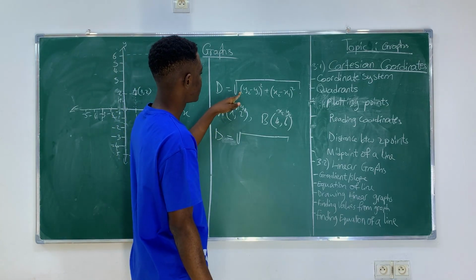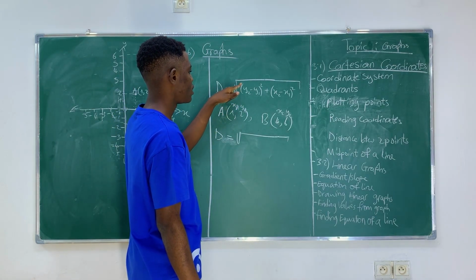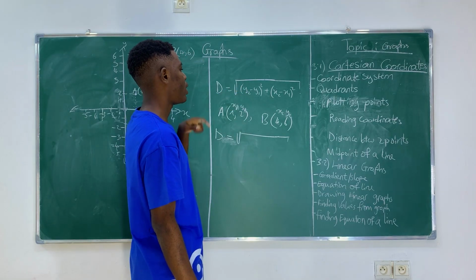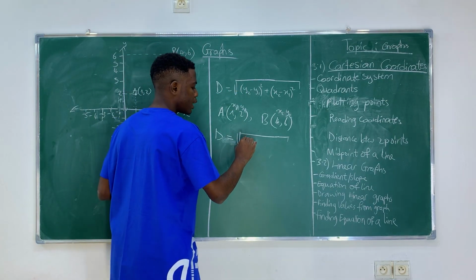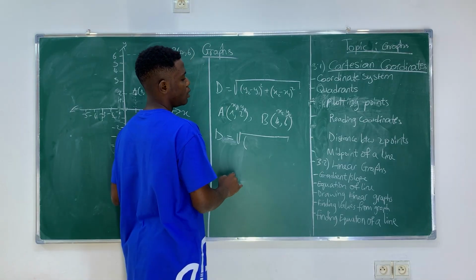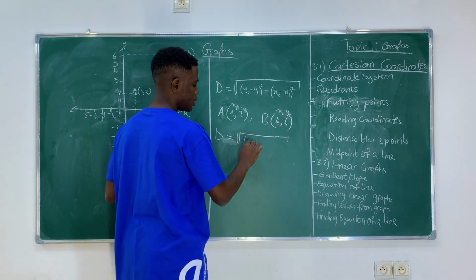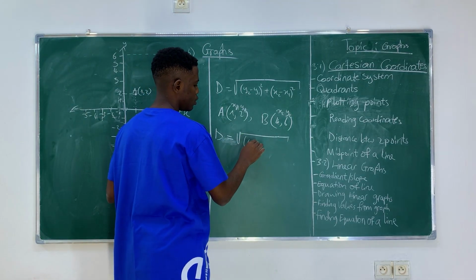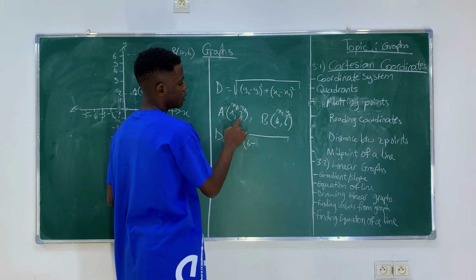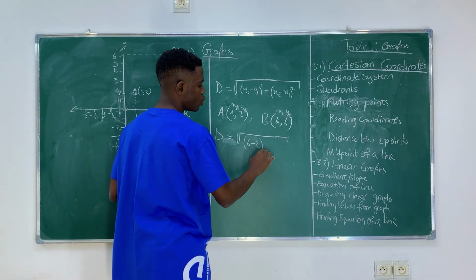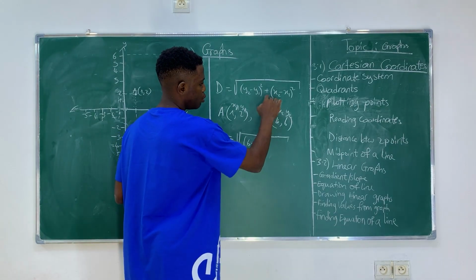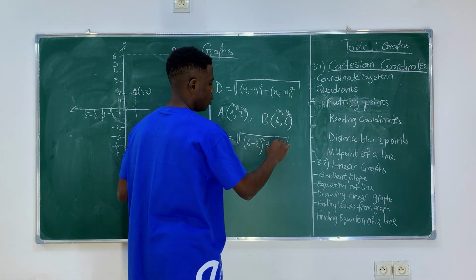The formula for distance is the square root of y2 minus y1. What is our y2? We first put our bracket like this. What is our y2? 6, minus, what is our y1? 2. We close our bracket, we put our square, put our plus, open our bracket.